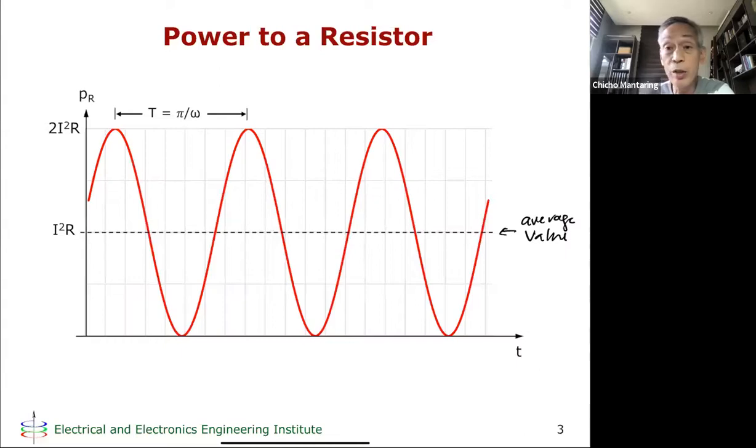That's why the period would be pi over omega. Normally, the period would be 2 pi over omega, but the frequency doubles, so my period would be pi over omega. So this is the power that is delivered to a resistor if you make an AC current flow through it. So I just want you to get a feel for that.